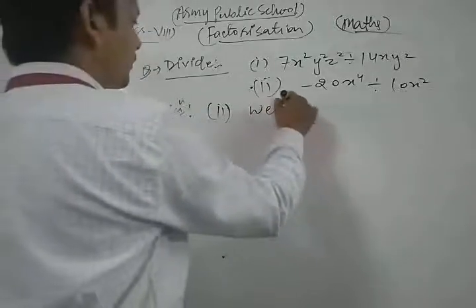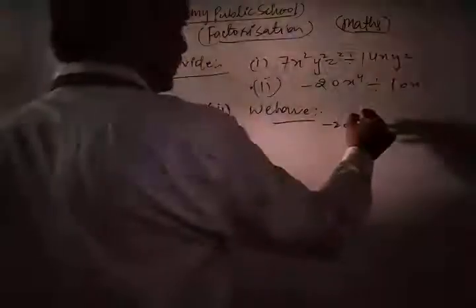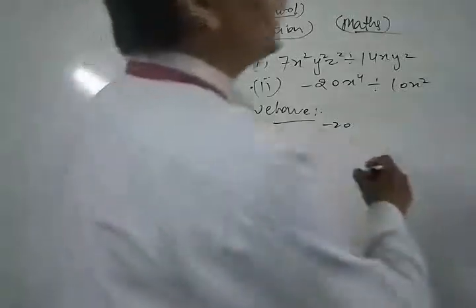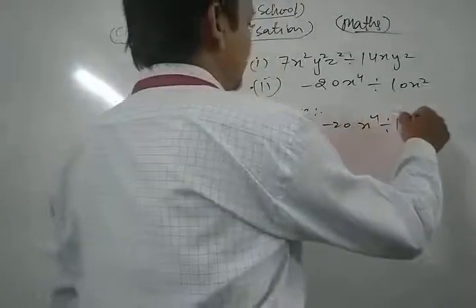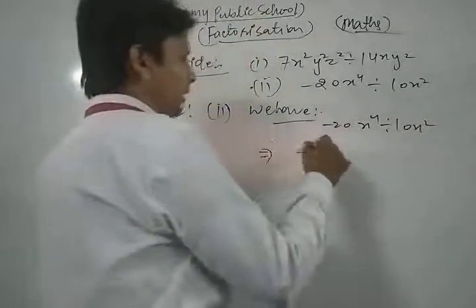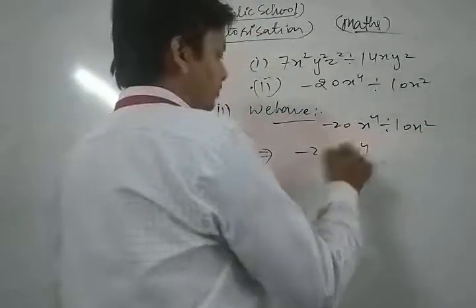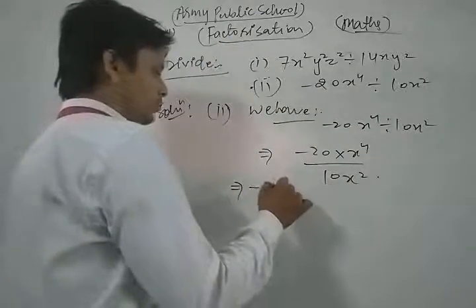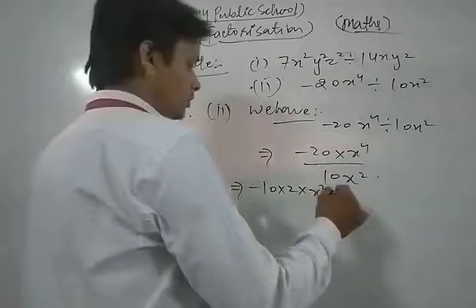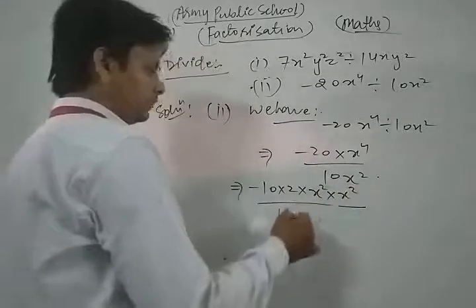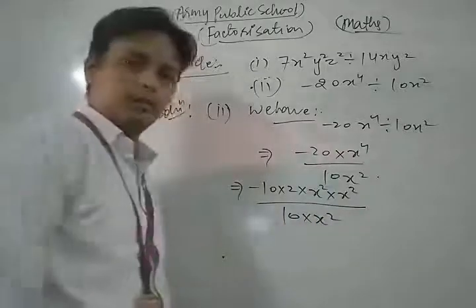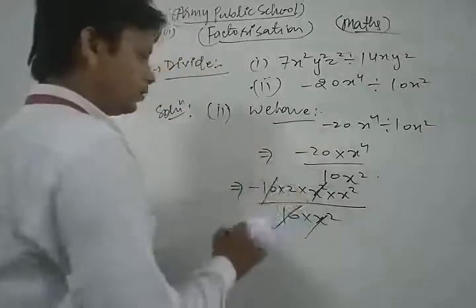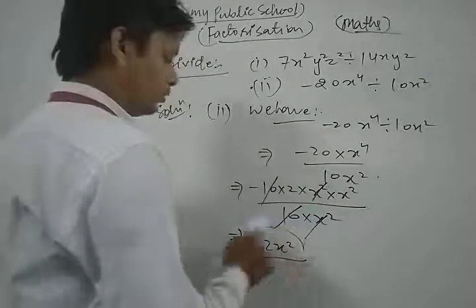We have minus 20 x to the power 4 divided by 10x square. So we can write it as minus 10 into 2 into x square into x square upon 10 into x square. Now x square cancels, 10 cancels, so we get minus 2x square. So this is the required solution.